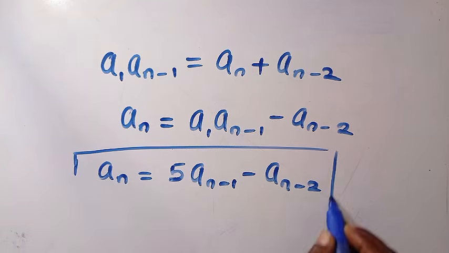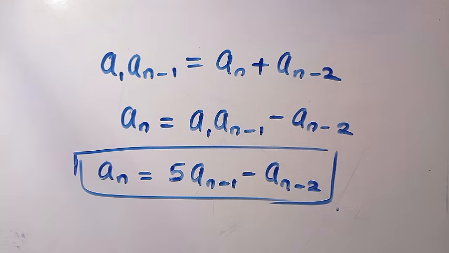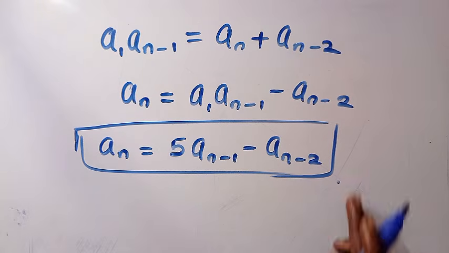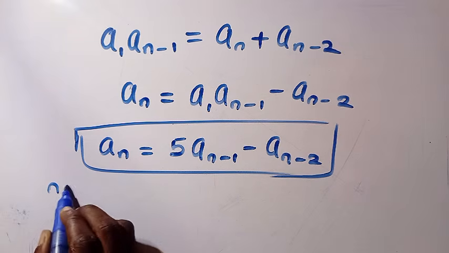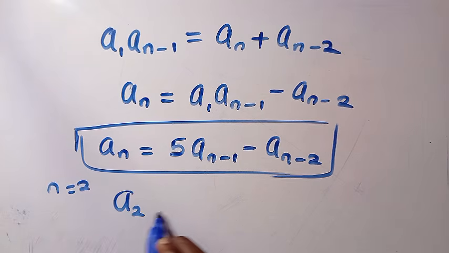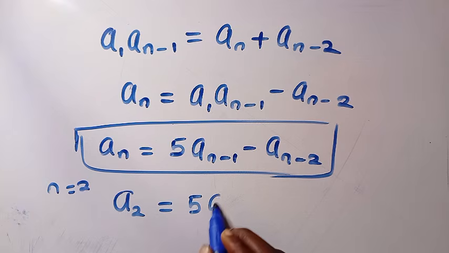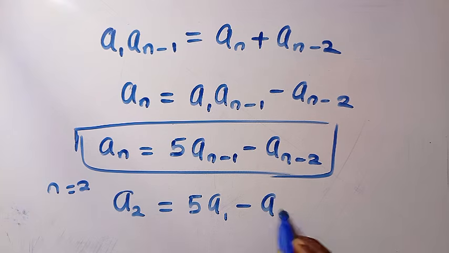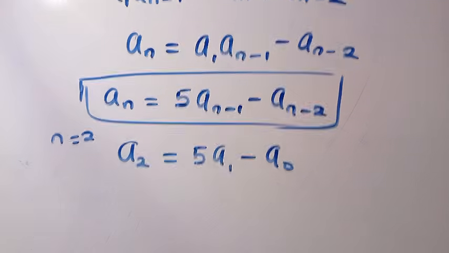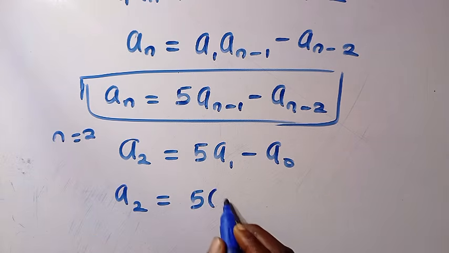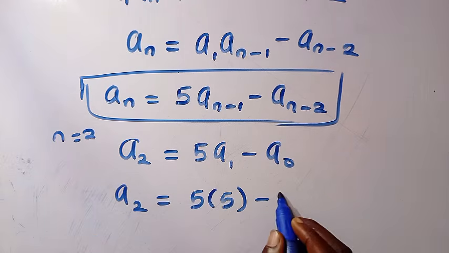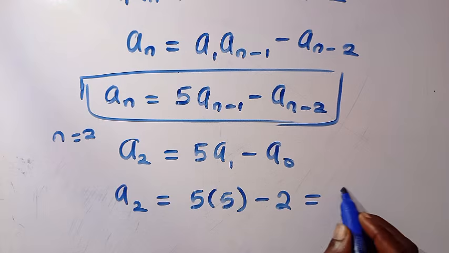Let this be the general formula. We have gotten a0 and a1, so let's look for a2. If n equals 2, we have a2 equals 5 a1 minus a0. Substituting, a2 equals 5 times 5, minus 2, and this equals 23.